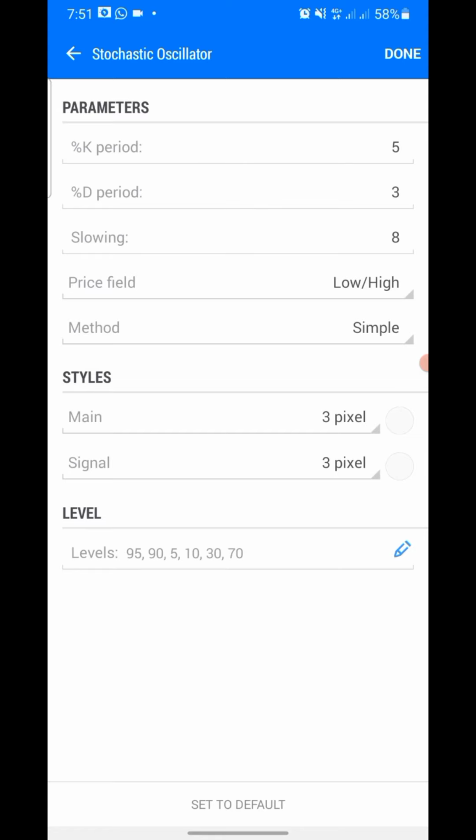On indicator window 1, the parameters are the triple one: K period as 1, D period as 1, slowing period as 1. But here on indicator window 2, it's quite different. The K period is 5, the D period is 3, and the slowing period is 8.